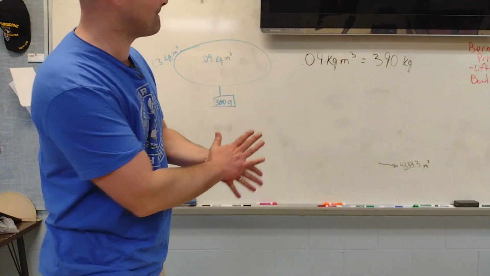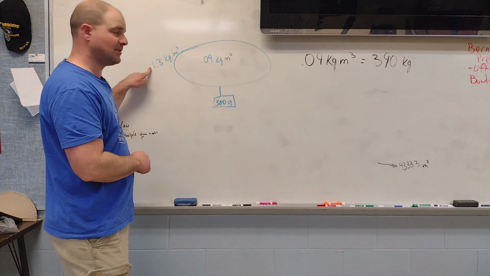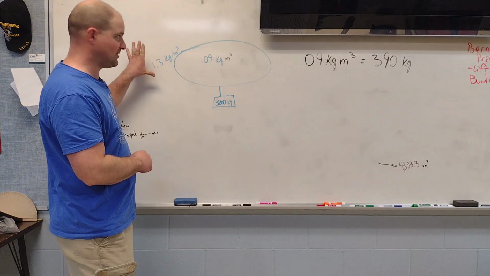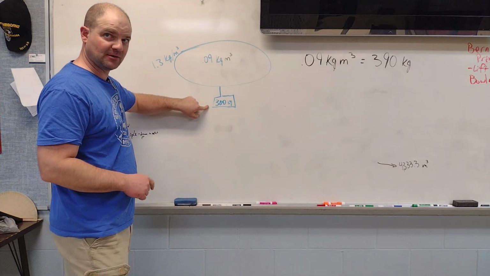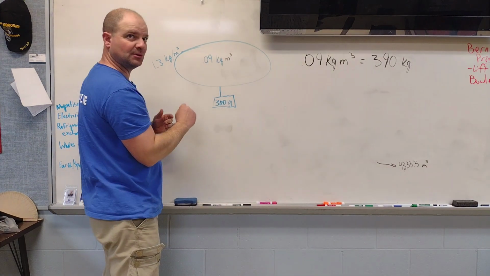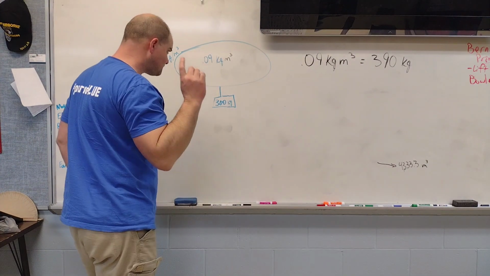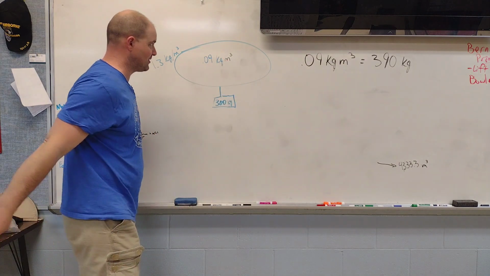Okay. 1.3 kilograms per cubic meter is the density of the air. Got it. 300 kilogram load being carried by a hydrogen-filled balloon with a density of 0.09 kilograms per cubic meter.